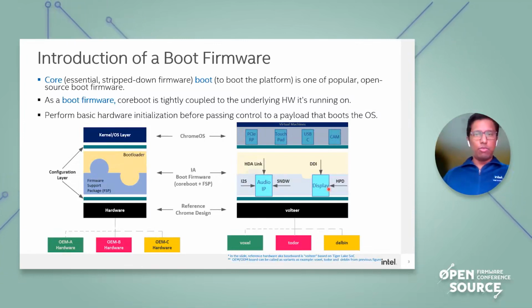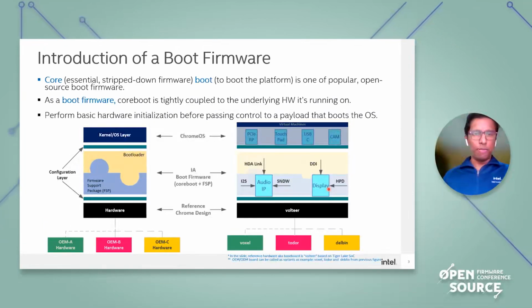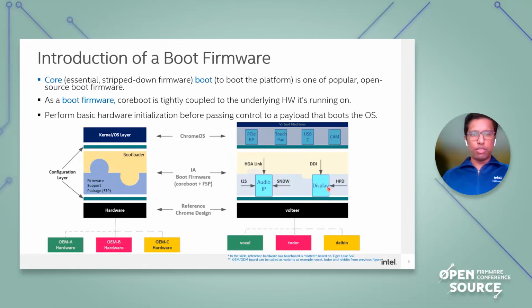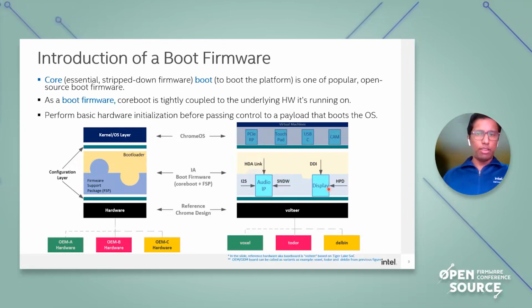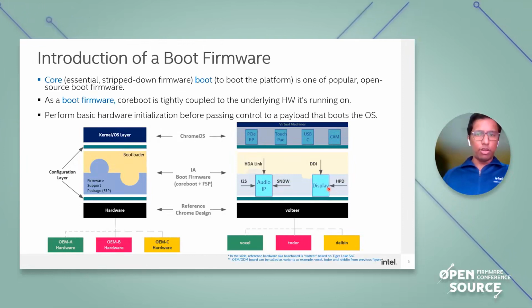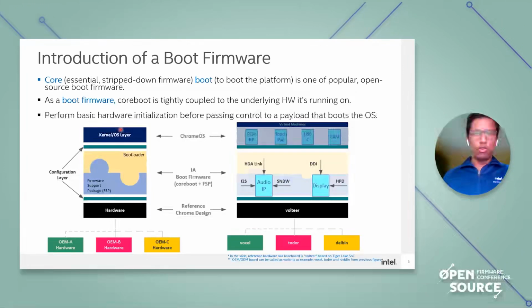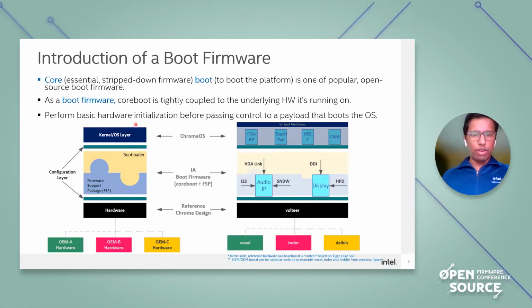Take the example of Coreboot, one of the popular open source firmware. Coreboot, as the name suggests, is an essential stripped-down firmware to perform platform booting. It is very committed to the underlying hardware. It just focuses on a fixed hardware configuration and tries to boot as soon as possible.